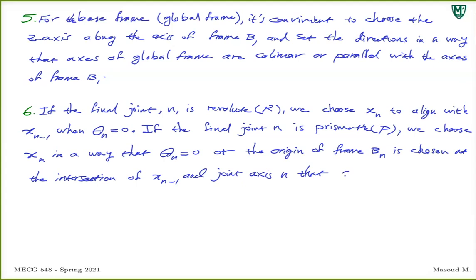So we try to make one parameter 0. If we can't make theta n 0, we make dn 0. If we can, we make theta n 0 by setting up the frames.